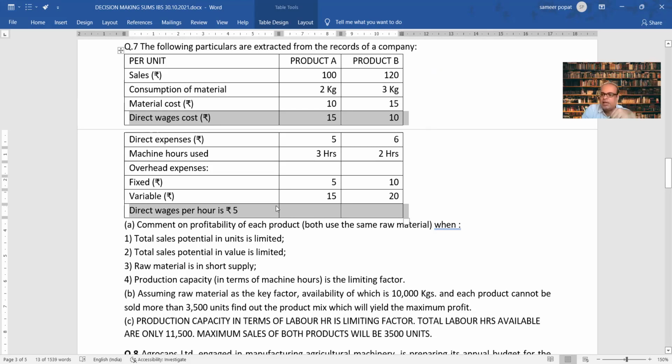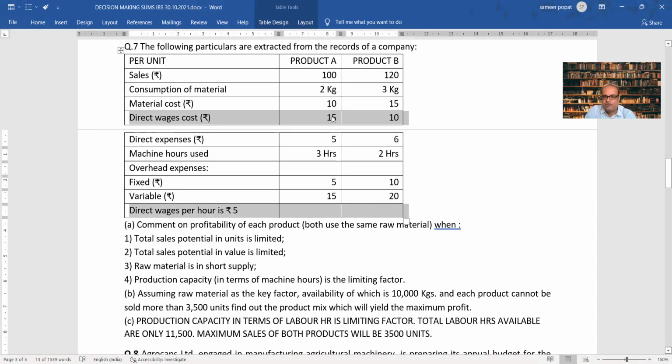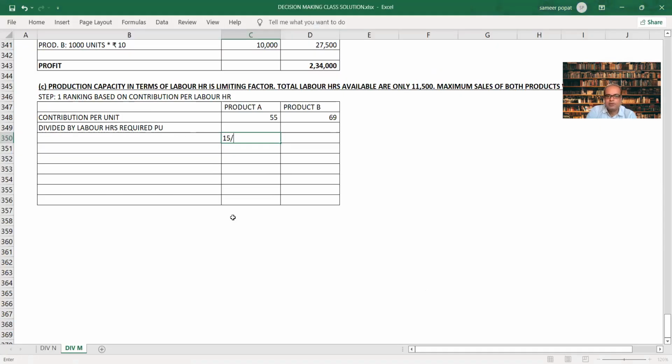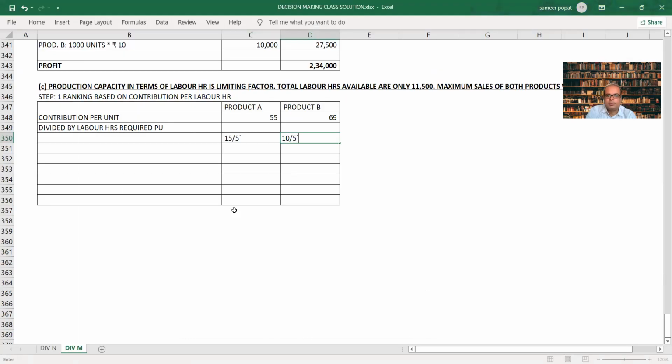So labor hours are not given directly, but we are given information from which we can find the labor hours required. That would be direct wage cost divided by direct wage per hour. In case of product A, it would be 15 divided by 5, which is 3 hours. In case of product B, it would be 10 divided by 5, which is 2 hours.